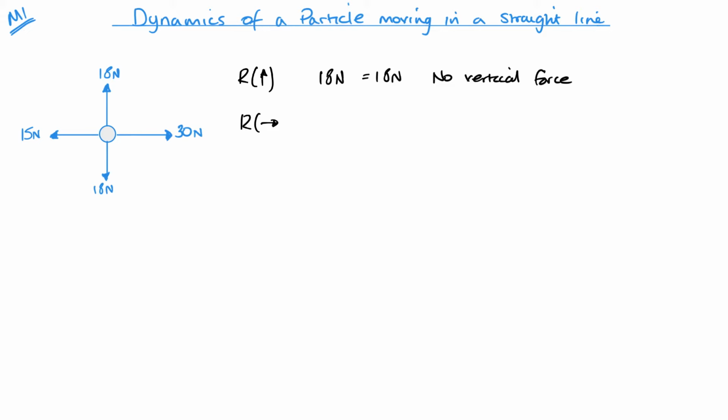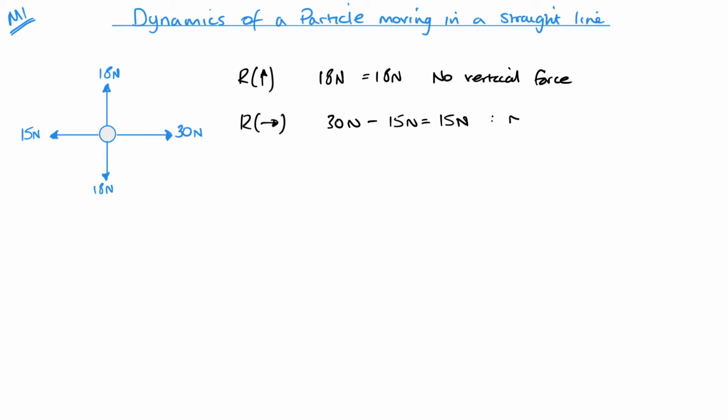Then let's resolve horizontally. We have 15 newtons in one direction, and then we have 30 newtons in the other direction. I'm actually going to write this a little bit differently. So we've got 30 newtons minus 15 newtons. This is going to give me 15 newtons moving to the right.